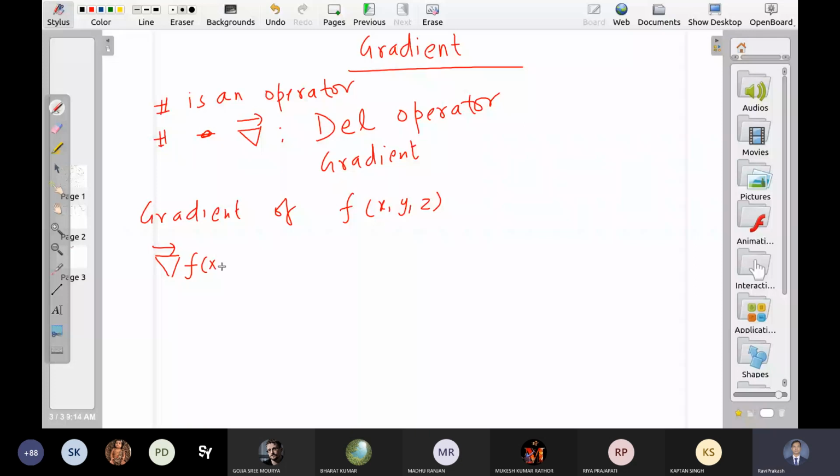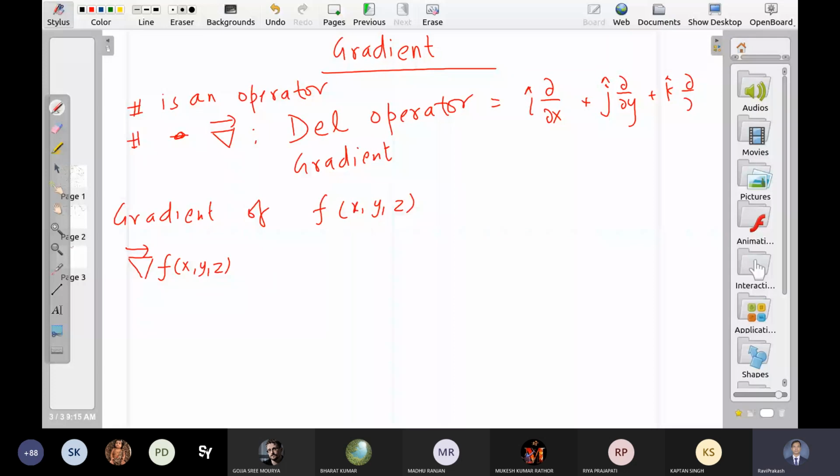So vector del is this in the Cartesian system: I cap del over del x, j cap del over del y, k cap del over del z. If you want, you can put this I on the right hand side also, because it is a constant. So even if you put it on the right hand side, it does not make any difference. A constant can move anywhere within the term.